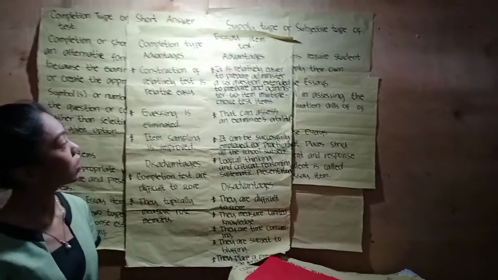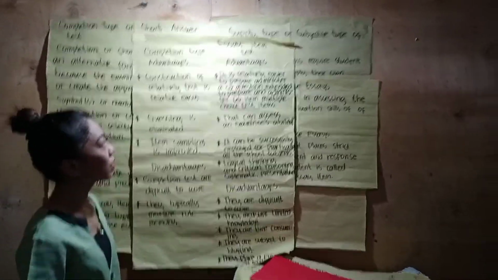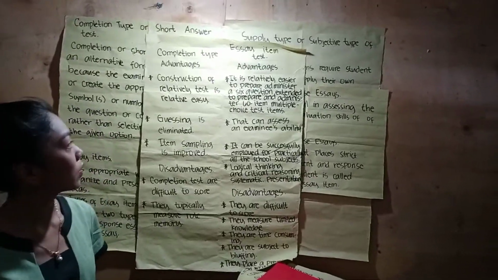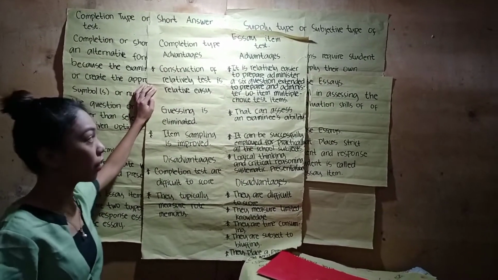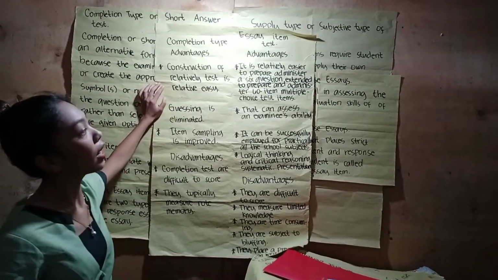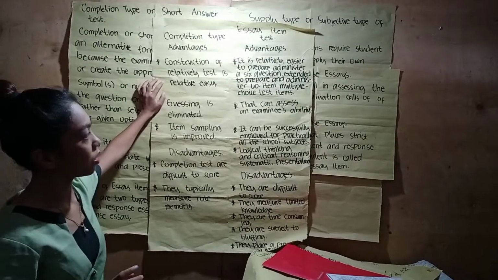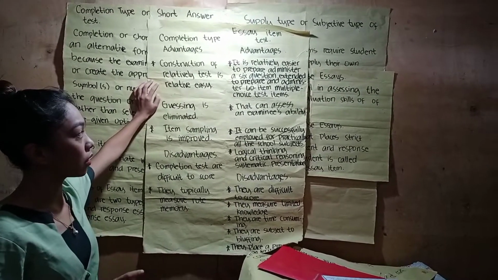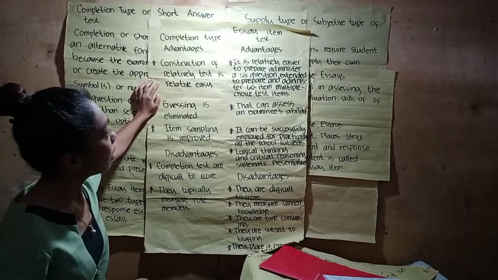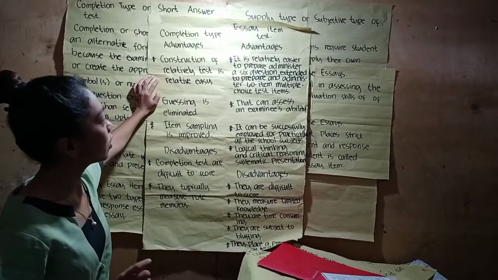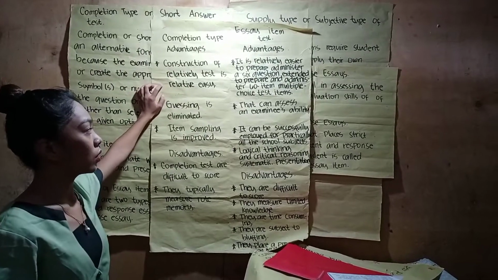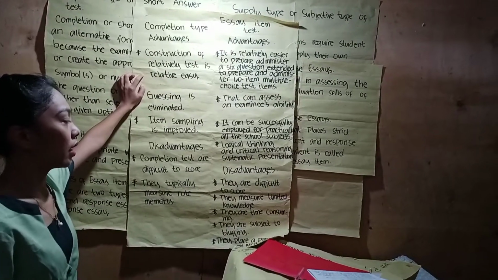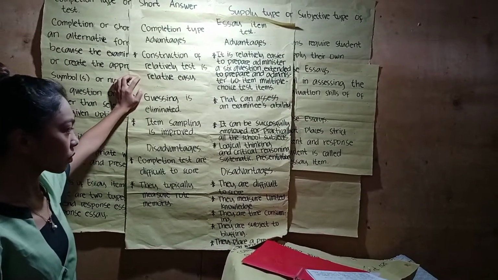The advantages of essay items: it is relatively easier to prepare and administer, as a six-question essay test takes less time to prepare and administer than a 60-item multiple choice test. It can assess and examine ability.